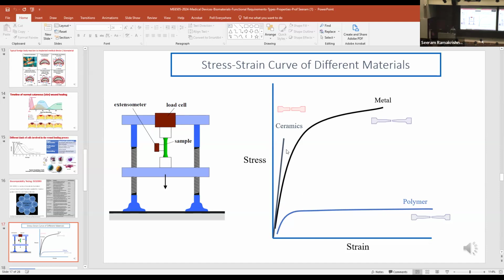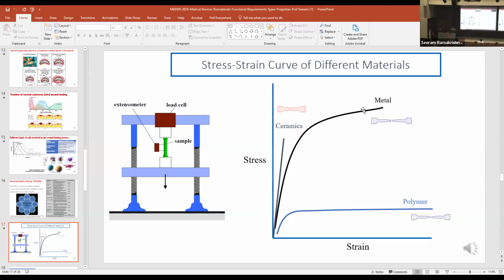If it is a ceramic, that's what it is. Metal is like that. Your teeth should have a mechanical behavior like this, ceramic. Your skin would have a polymer type of behavior. So soft tissues are generally polymer type, ceramics are hard tissues, metals and composites are in between. Intuitively, you get a basic concept.